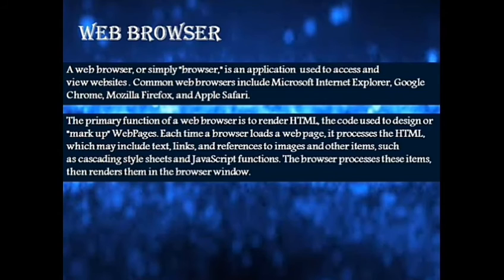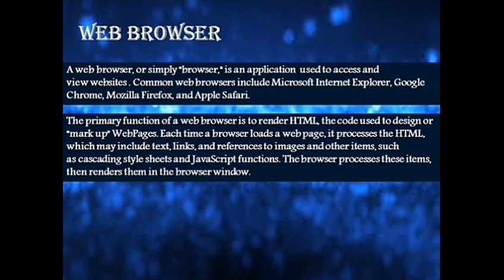The web browser. The web browser, or simply the browser, is an application used to access and view websites. Common web browsers include Microsoft's Internet Explorer, Google Chrome, Mozilla Firefox, and Apple Safari. The primary function of a web browser is to render HTML, that is, the code used to design or mark up web pages.